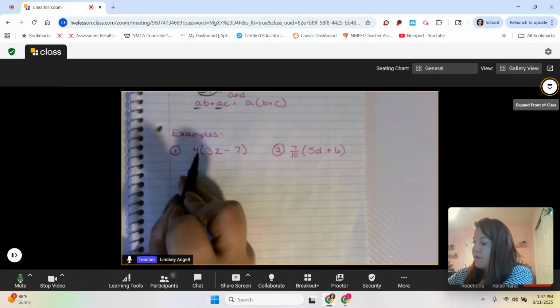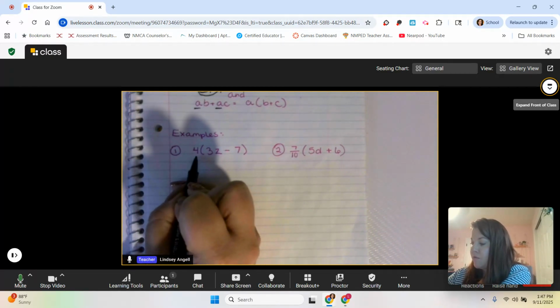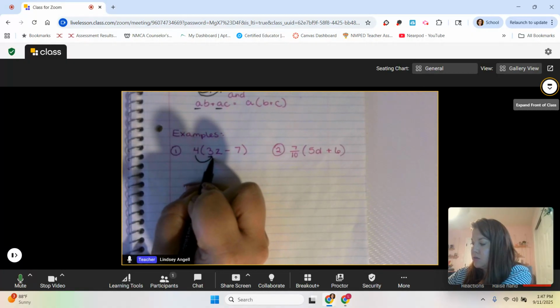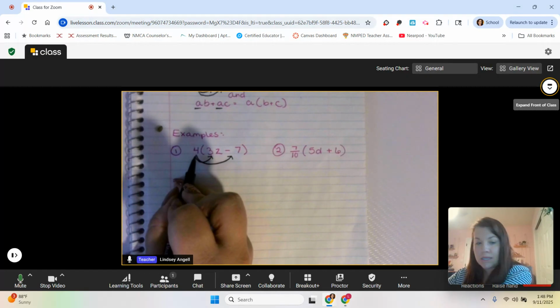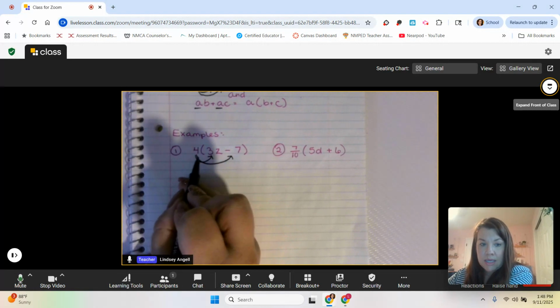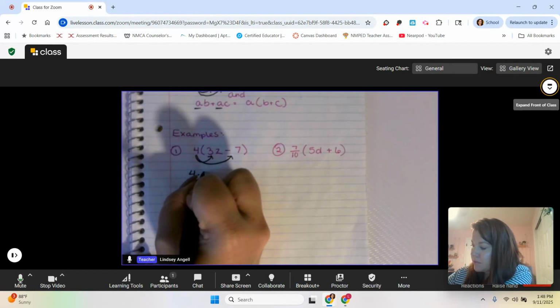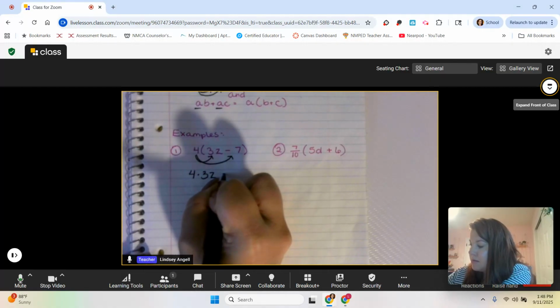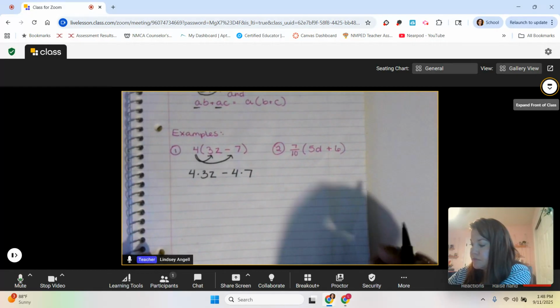So with this one, I have 4 times 3z minus 7. So the 4 needs to be distributed into everything inside the parentheses. In this case, this is 3z, that's one term, okay? So we can say 4 times 3z minus 4 times 7.